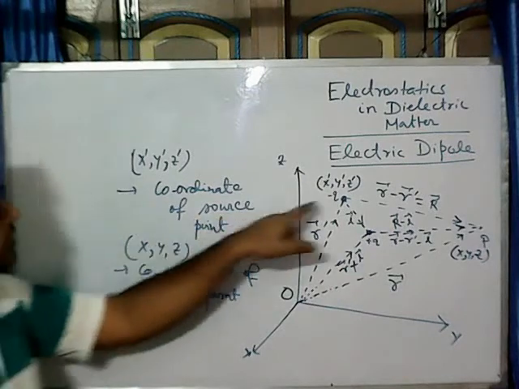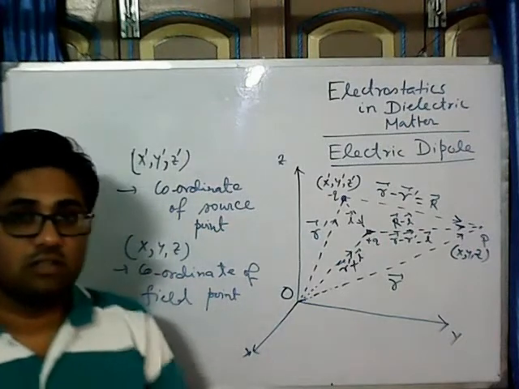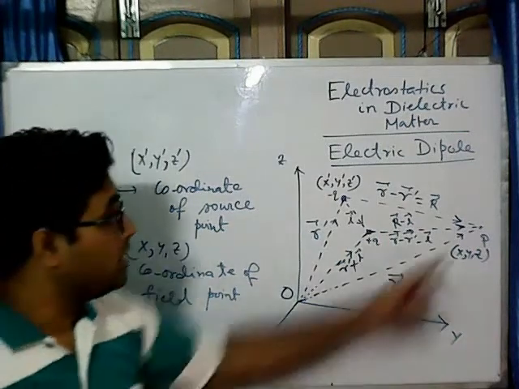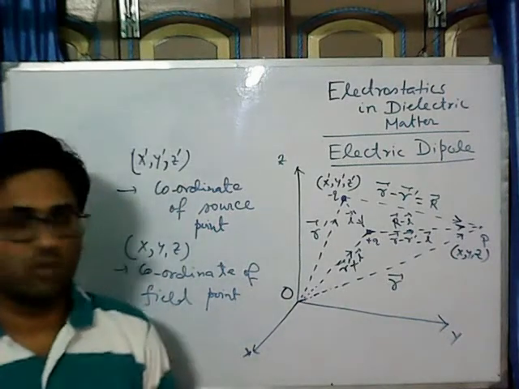So what is the source point? It is from where your potential and electric field is generated, and the field point is where we want to find out the potential or electric field.